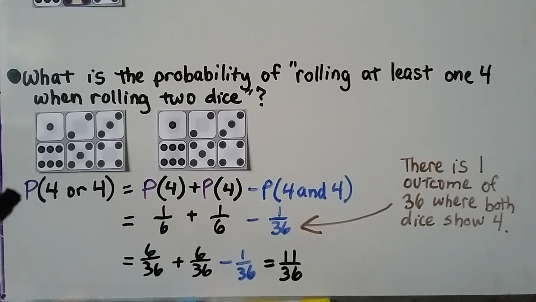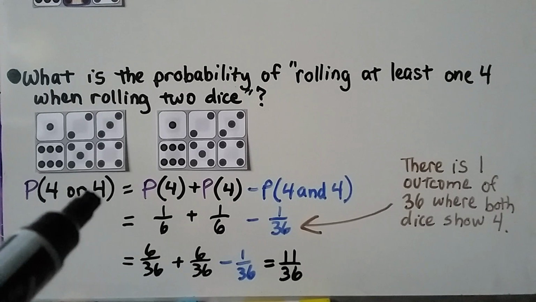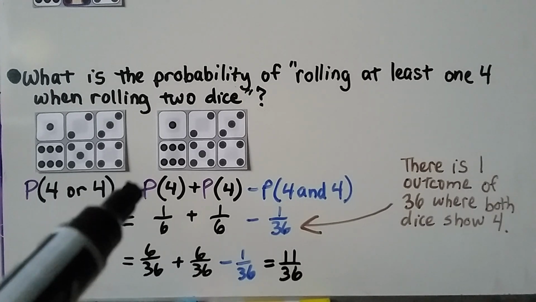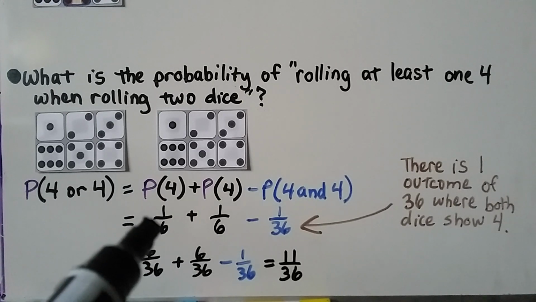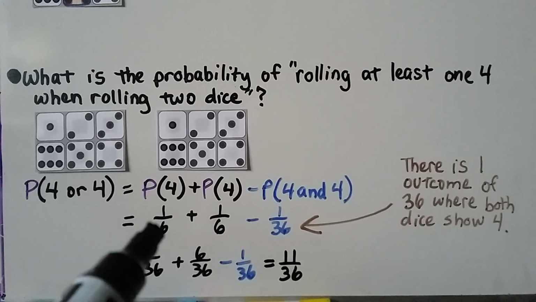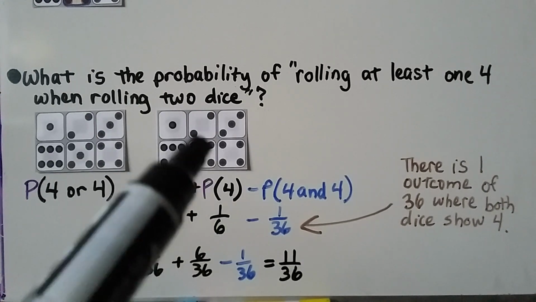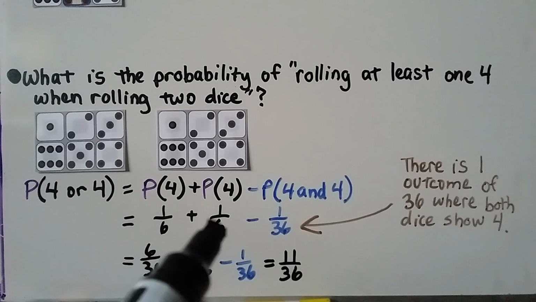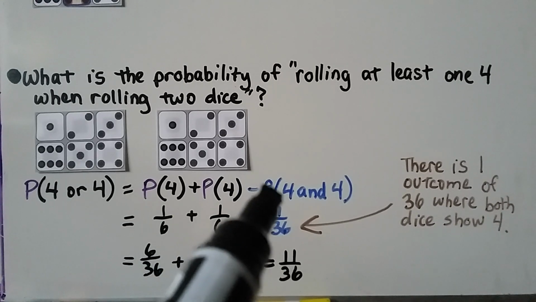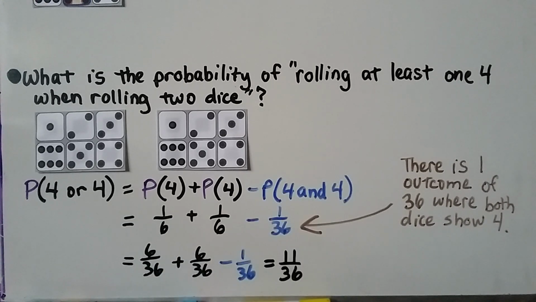So the probability of 4 or 4 would equal the probability of 4, which would be one side out of the 6 faces, so that's 1/6, plus the probability of this one landing on a 4, which would be 1/6, minus the probability of a 4 and 4.